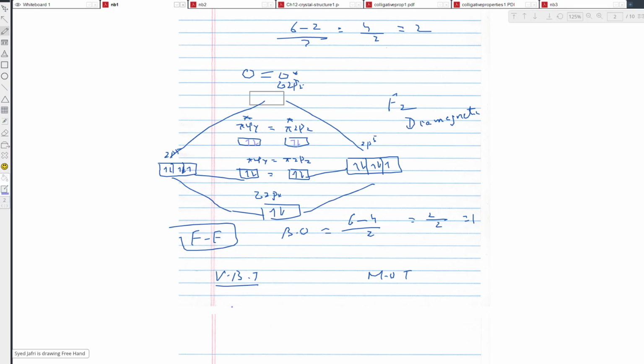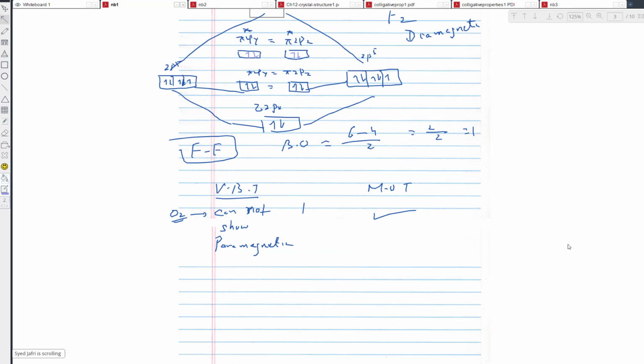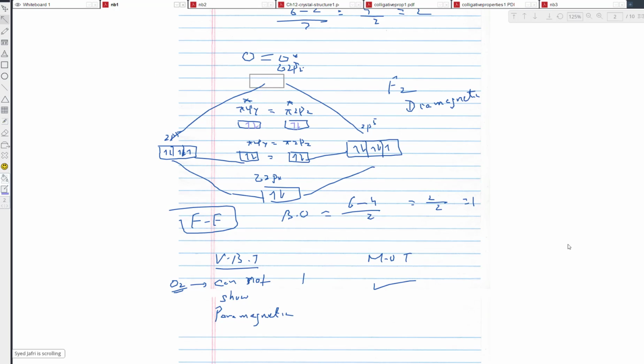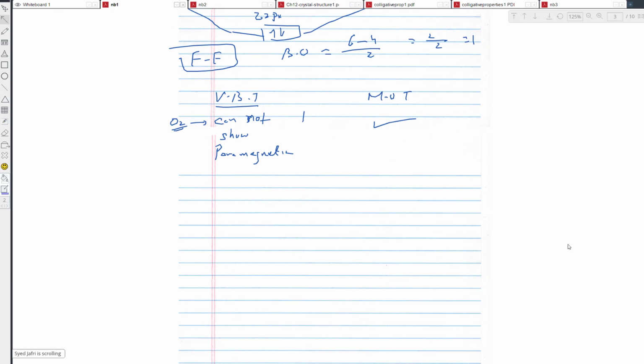If I use valence bond theory for oxygen, I cannot show the paramagnetic property. Even though oxygen molecules show paramagnetic property, molecular orbital theory can prove why it is paramagnetic, because it has single electrons. Is it clear?